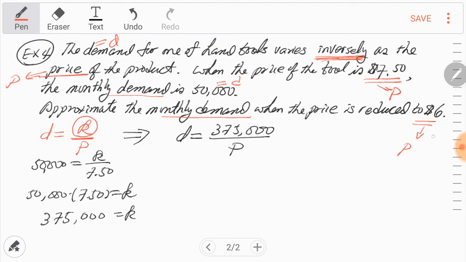Then D is equal to 375,000 over P, where P is 6. Then D is, okay, use the calculator, so that is 62,500 tools. So the demand is 62,500.